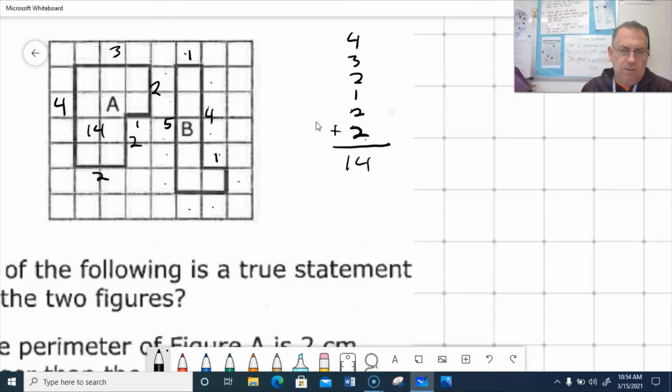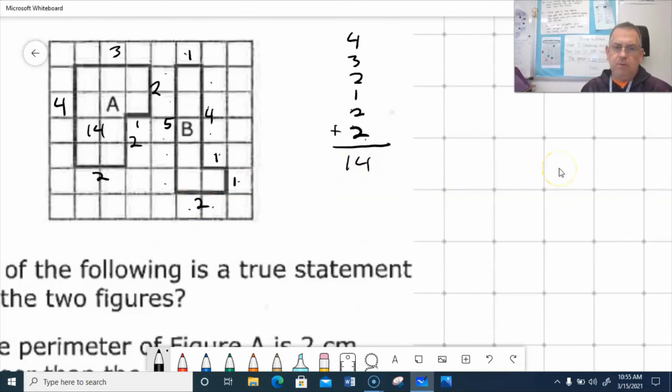This side is 1. This side is 2. So both these shapes make an L. So both of them are going to be hexagons because this made an upside down L. This made a regular way L.